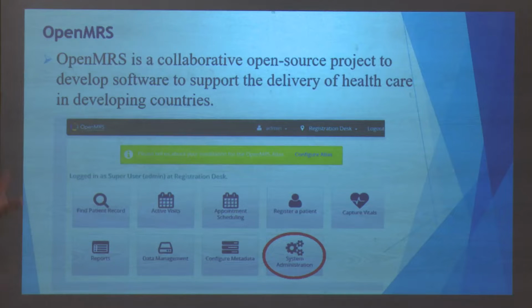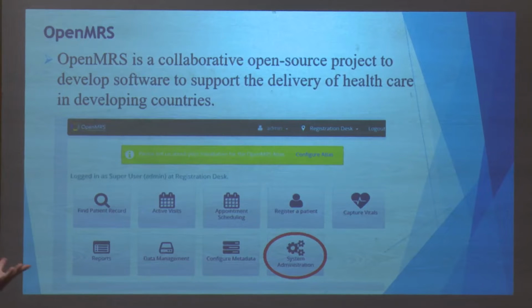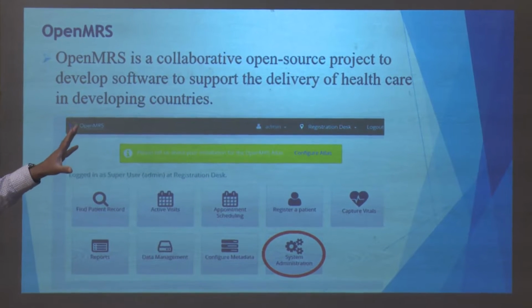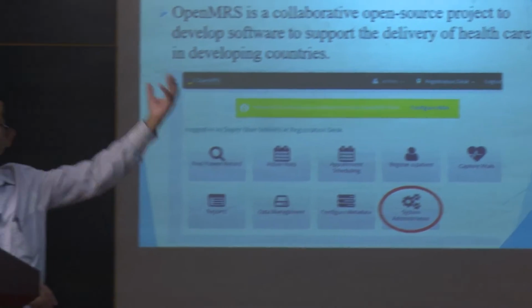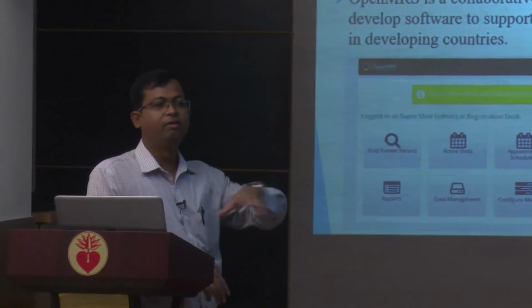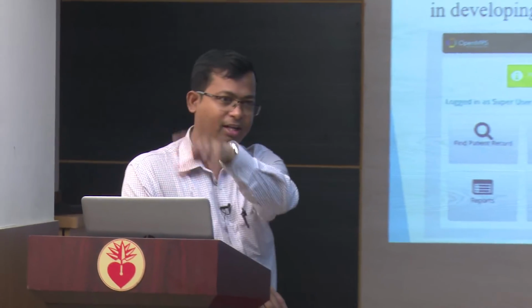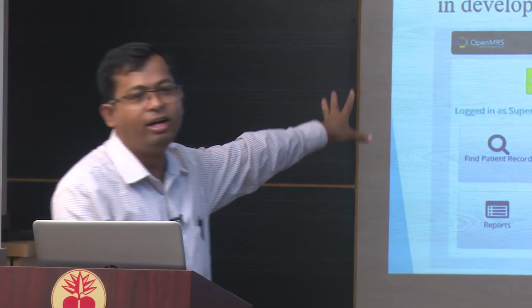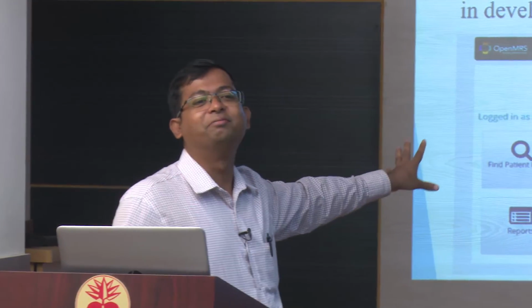So what they did, they developed an open source system, free software, and they keep it online. So if you need it, you can download it today, install it on your server in your hospital, and start using it. The software is already developed, with a template already.